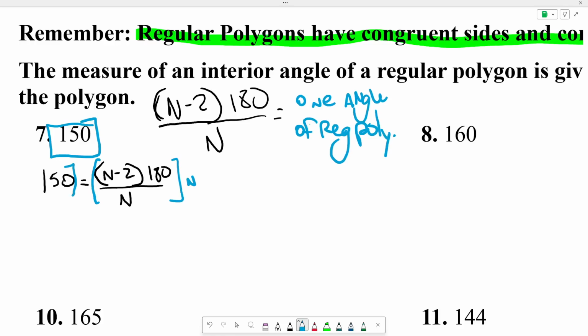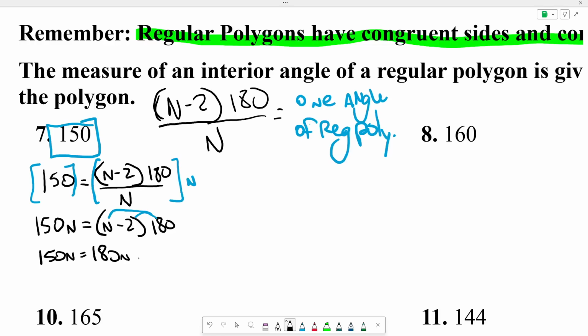Multiply this side by n. So I have 150 n equals n minus 2 times 180. Distribute my 180 into here. So I have 150 n equals 180 n minus 360.